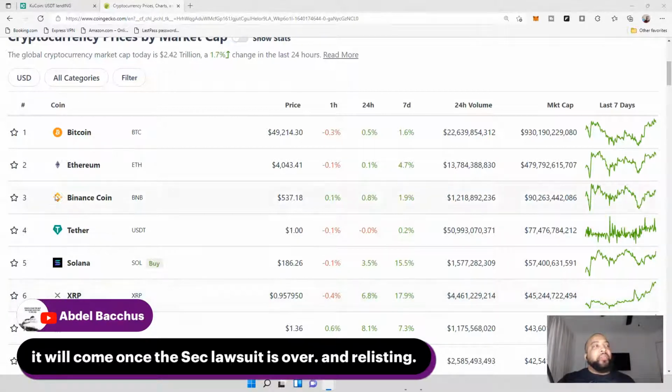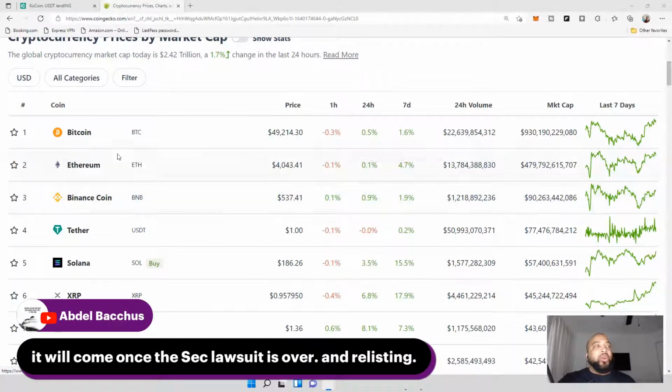XRP can be higher than the Binance coin by market cap because of how it functions. You've heard me say this. XRP can be higher than Binance coin. I'm not sure that Binance coin stays in the top 5 by market cap.